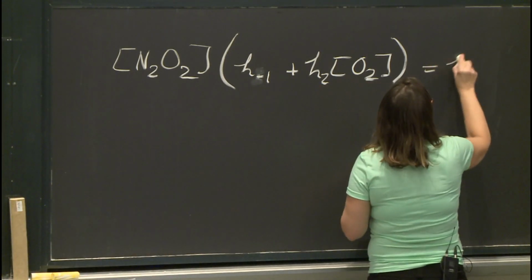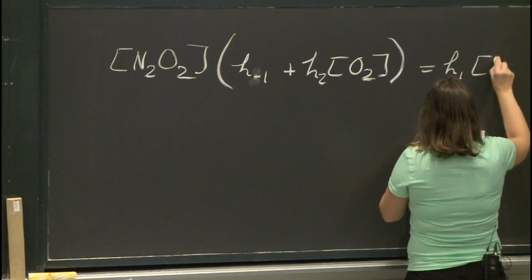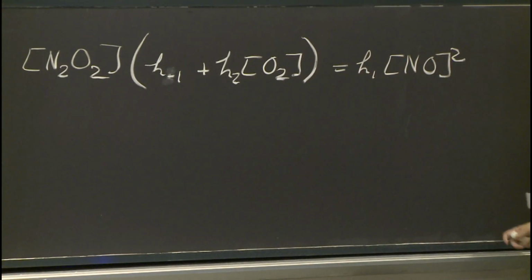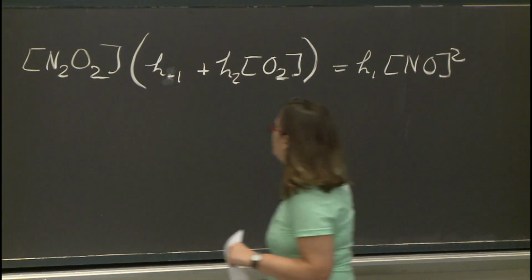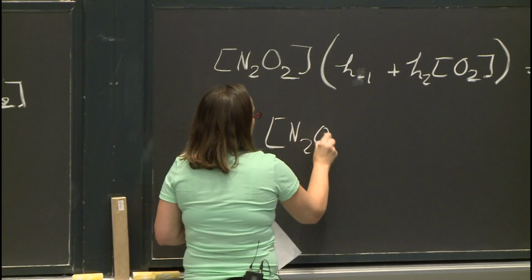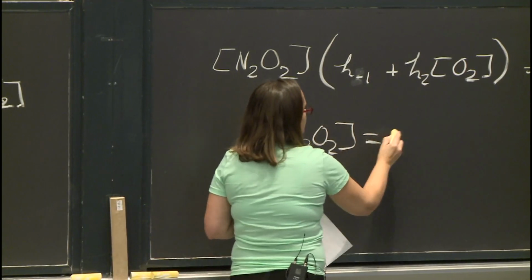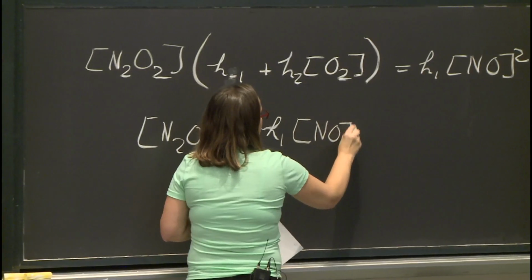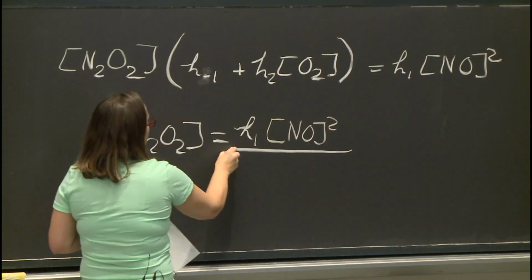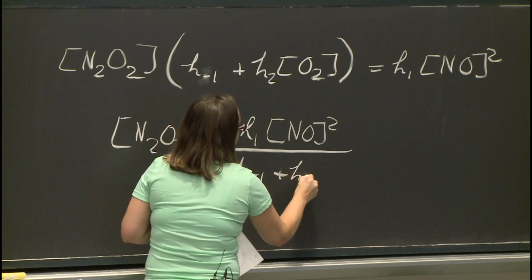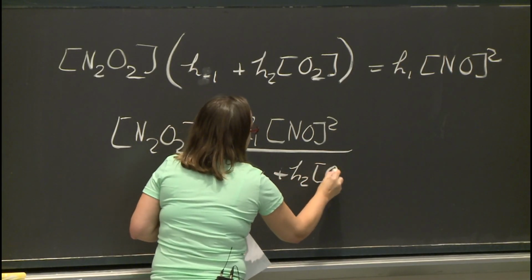And then we leave the other side the same, our K1 times our NO squared. All right, so now I can solve for the concentration of the intermediate. N2O2 equals K1 times NO squared over K minus 1 plus K2 times O2.